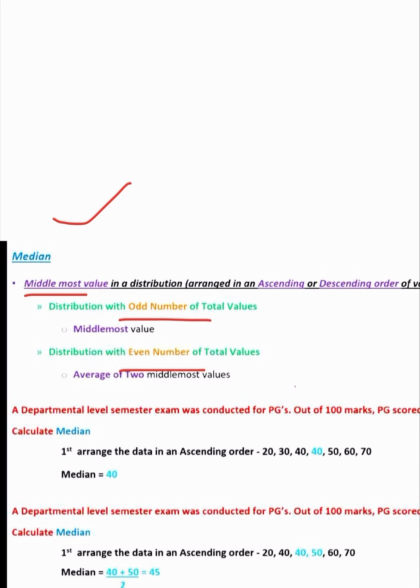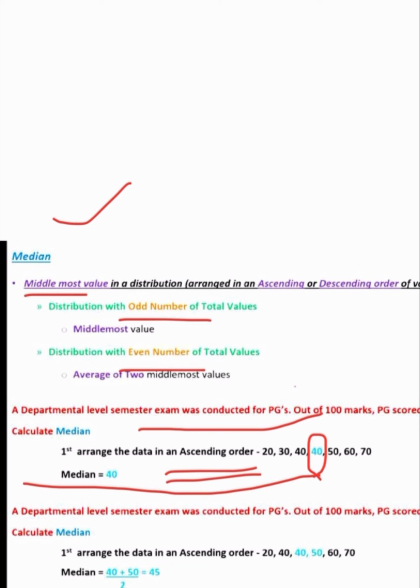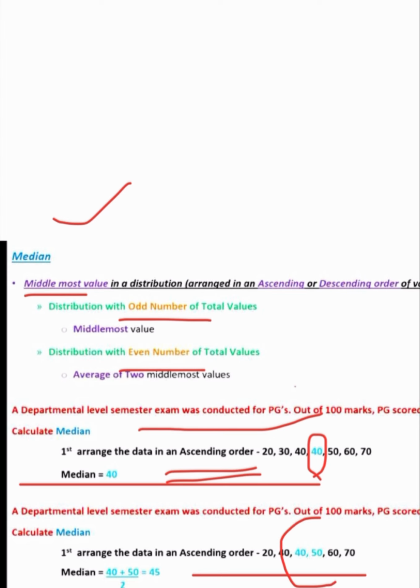If it is odd, simply arrange the data in ascending order, and the middlemost value is your median. If the data is even, arrange the values in ascending order, then add the two middlemost values and divide by 2, you will get your median.